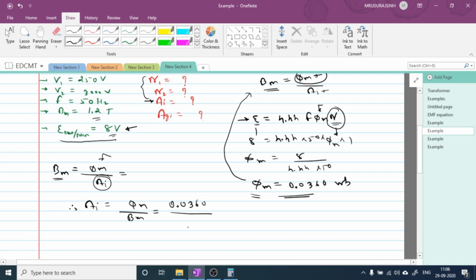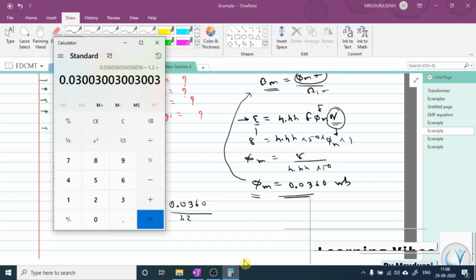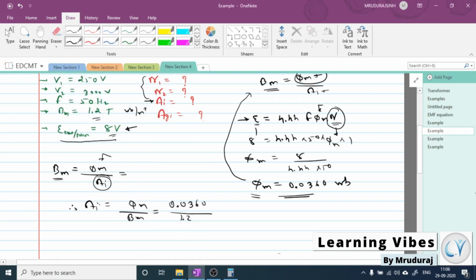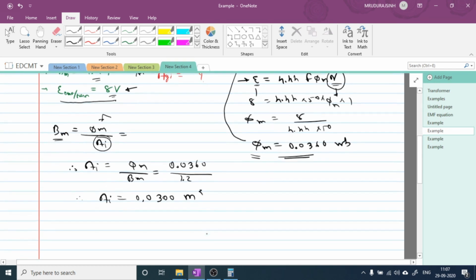It is ultimately Weber per meter square. Tesla is equal to Weber per meter square. So this is divided by 1.2 and gives us 0.0300. So Ai will be 0.0300 meter square. So this will be the net cross sectional area of the core.